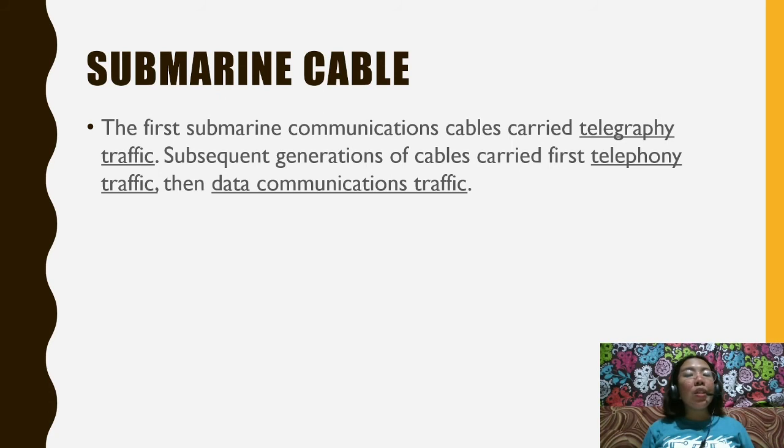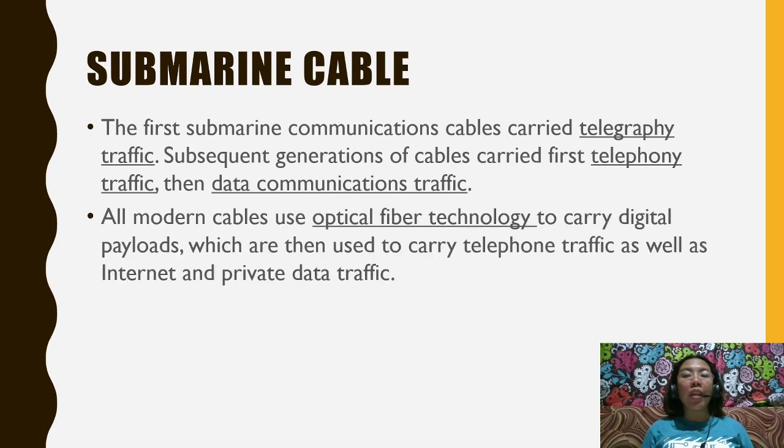The first submarine communications cables carried telegraphy traffic. Subsequent generations of cables carried first telephony traffic, then data communications traffic. All modern cables use optical fiber technology to carry digital payloads, which are then used to carry telephone traffic as well as internet and private data traffic.